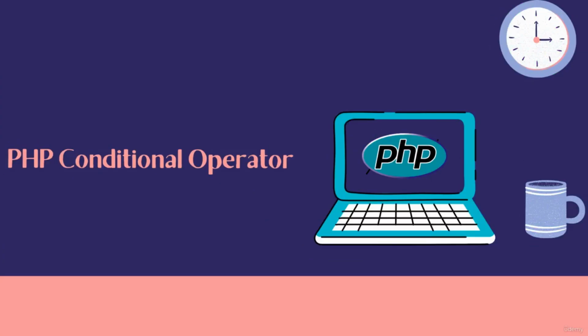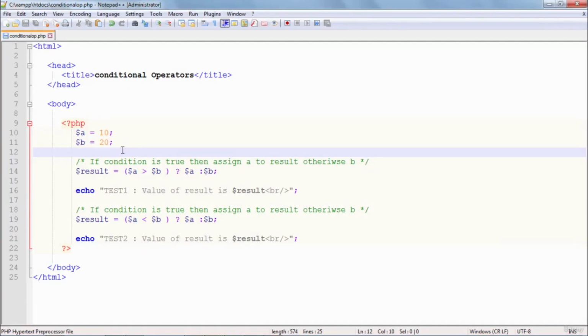In this video, we shall see a very typical operator called the conditional operator. Now in this script, the use of the conditional operator in PHP is demonstrated. The conditional operator is also called the ternary operator because it requires three different operands. The use is as per this statement.